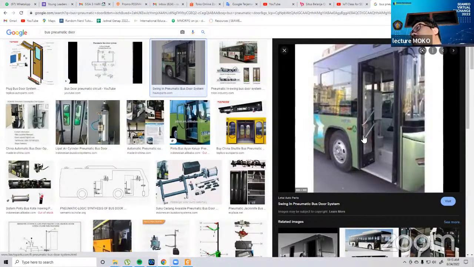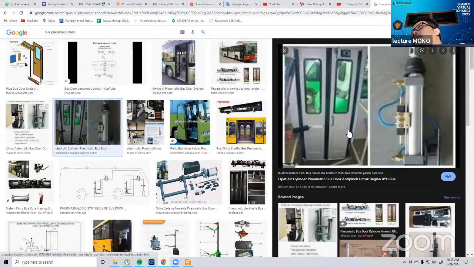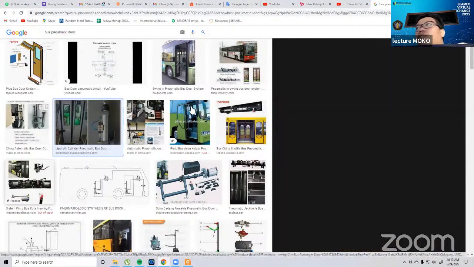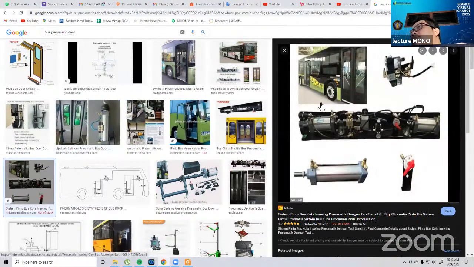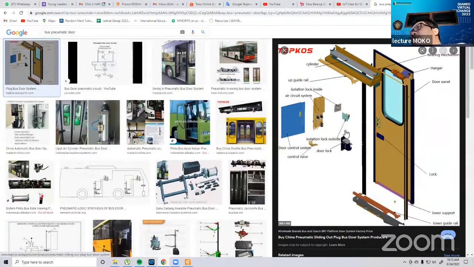So it can open and close by using the actuator. It's one type of implementation of a linear actuator. For the bus door system, you see here, many of these implementations for doors use a pneumatic actuator.